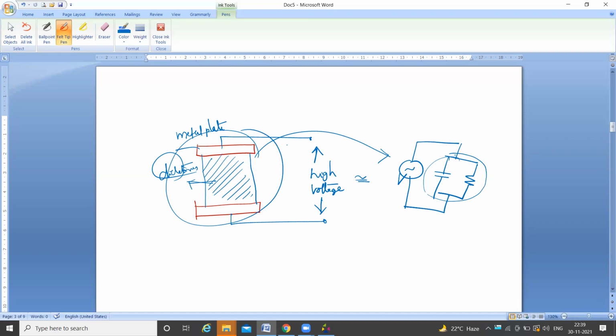C is the internal capacitance of the material, offered between the two plates, and R is the internal resistance of the dielectric material, with this applied voltage.